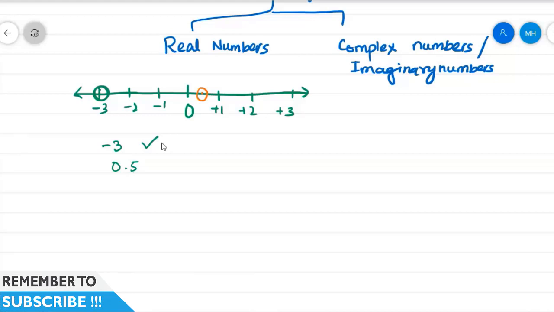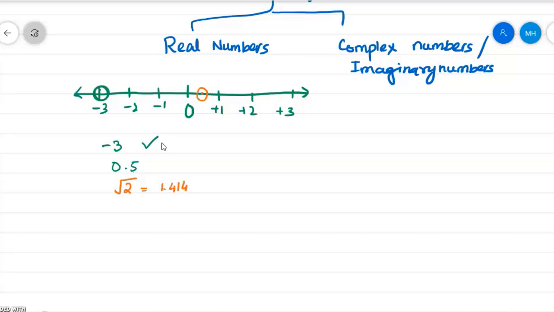Now look at another point, which is the square root of 2, and its value is 1.414, and it is a continuing value. Yes, we can plot this number on a number line, and we call these numbers non-terminating numbers because the digits after the decimal point are not going to end. These types of numbers we can also plot on the number line.